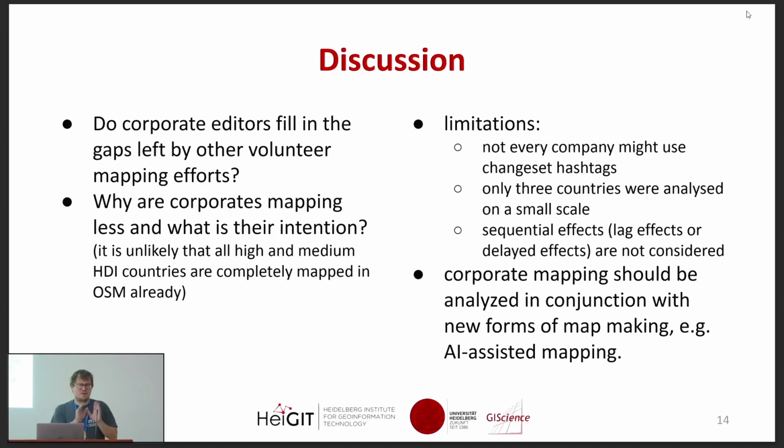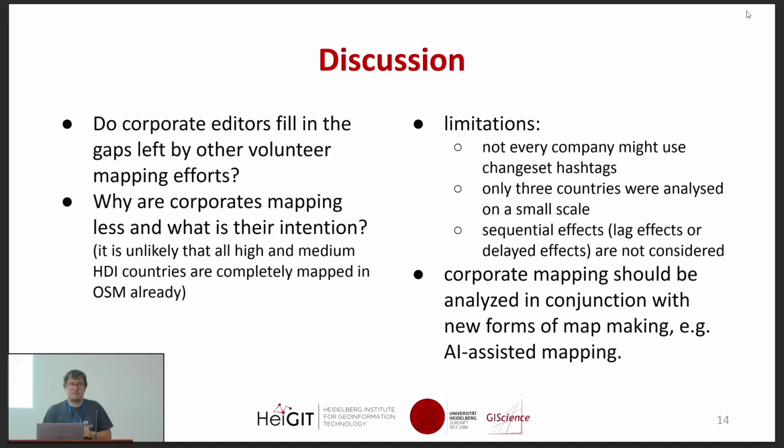And we also couldn't look into what we call sequential effects or lag effects. So corporate mapping today might discourage normal mapping in the future. Yeah, so you might be discouraged to map, and we could not take into account this delayed effect in this analysis here.